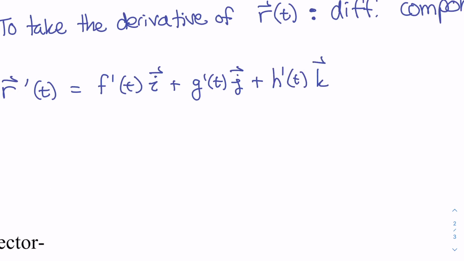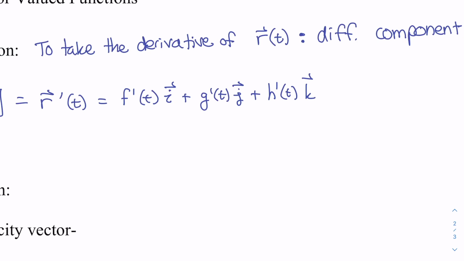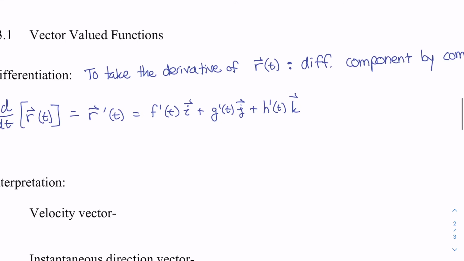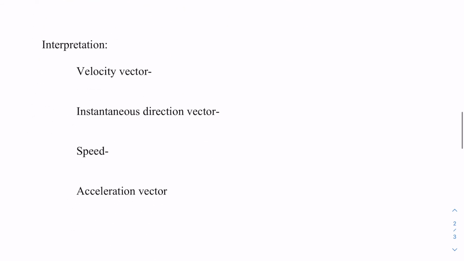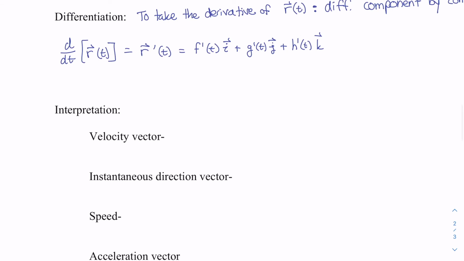So you just take the first derivative of the functions attached to your i, j, and k vectors. So that's pretty easy, and all the differentiation rules that we learned in Calculus 1 and 2 apply here as well. So the interpretation, right, we know that the derivative corresponds to a lot of physical applications, especially related to particle movement. Those also apply here.